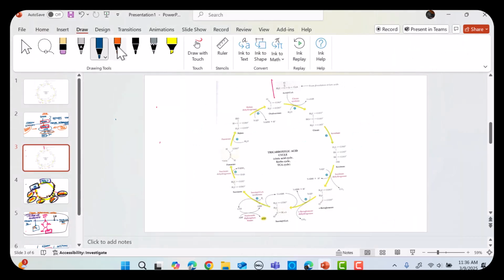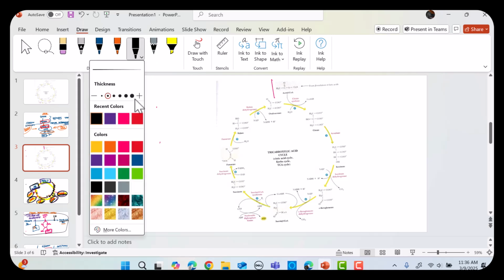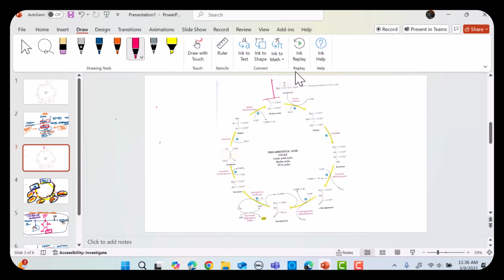So here's my oxaloacetate. I'm going to condense it with my acetyl-CoA, hydrolyze it, and get a molecule of citrate. I wouldn't be drawing these squares on your diagram. I'm just doing it so you can see where we are.